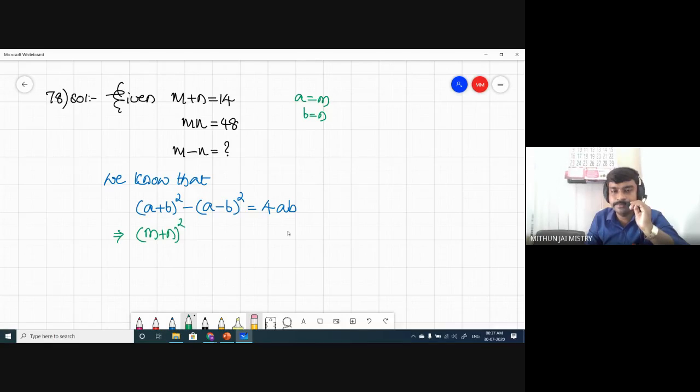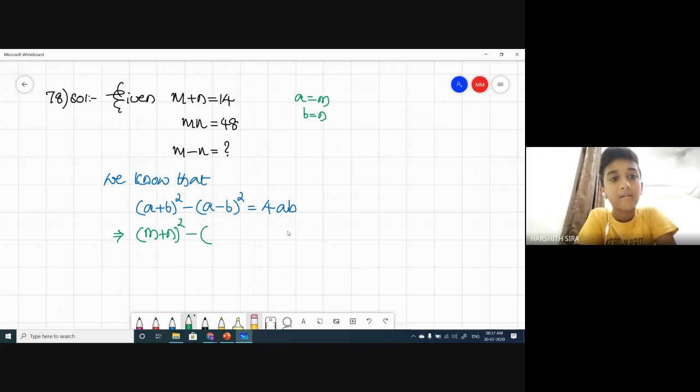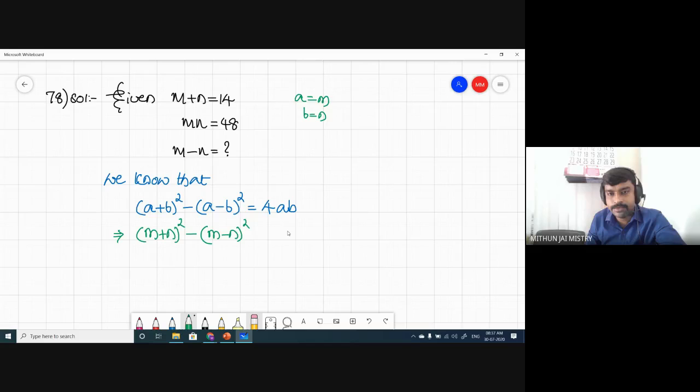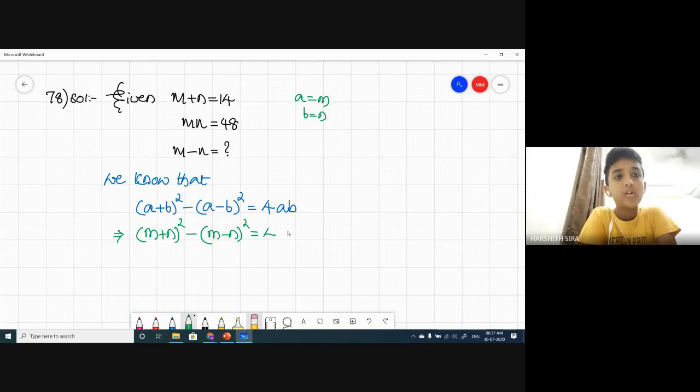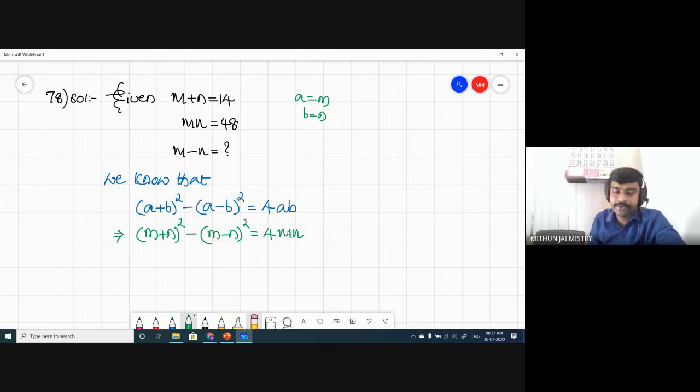Very good. Minus m minus n whole square. Is equal to 4 into m into n. Very good. So if Harshit can say this one, everybody can assume this one.